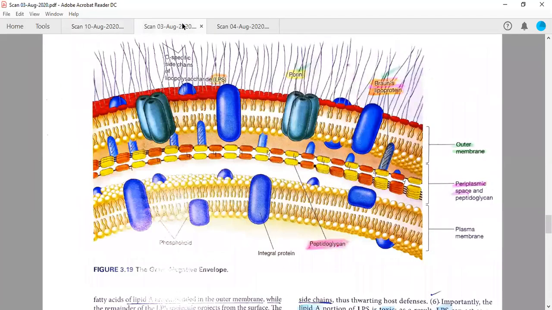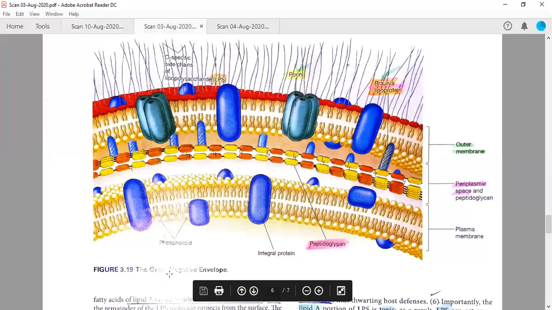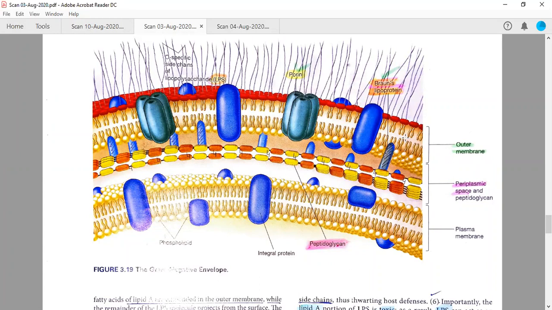First of all, I will show you the structure of gram-negative cells. This is the gram-negative envelope. What is in addition here? As I told you, gram-negative bacteria have two membranes: one is the plasma membrane and one is the outer membrane. This outer membrane is not inhibited in the presence of penicillin. If you grow these cells in the presence of penicillin, the outer membrane will remain.